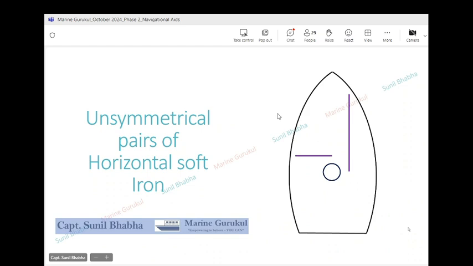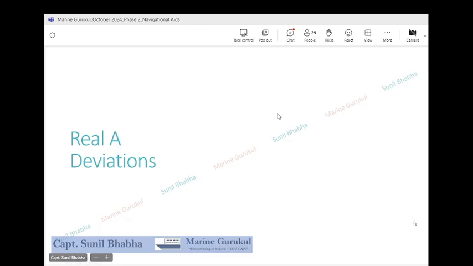Moving ahead now, beta. Now let's try to understand if we have such a configuration of horizontal soft iron on board a ship, so these kind of structures are present, how do they result into a real A coefficient?